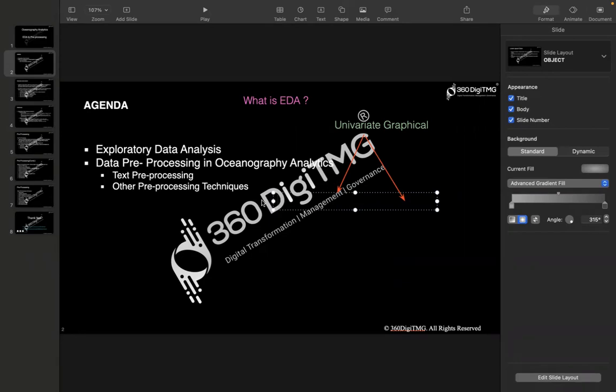Therefore, graphical methods, which involve a degree of subjective analysis, are also required.